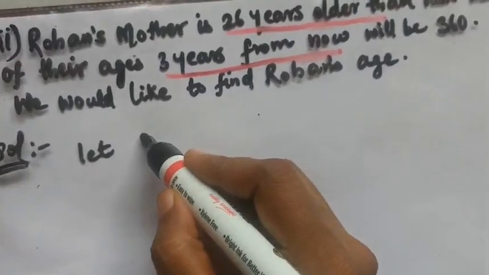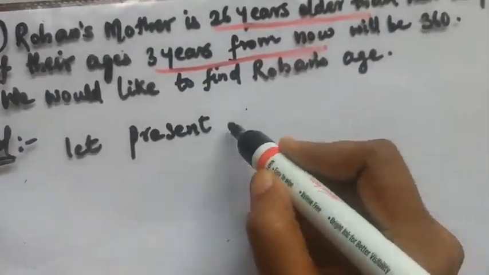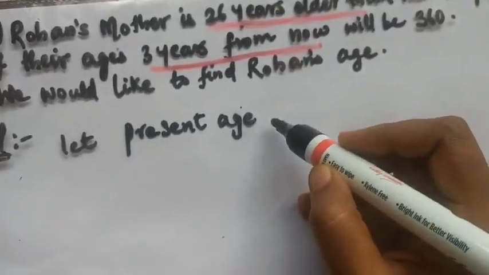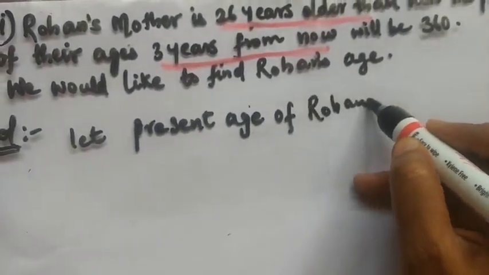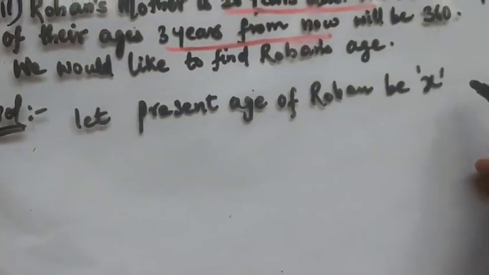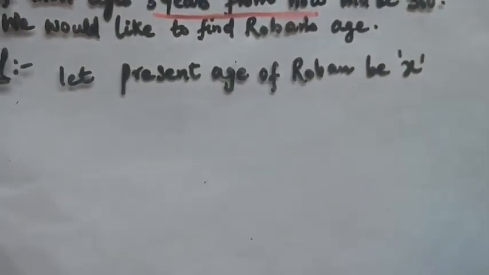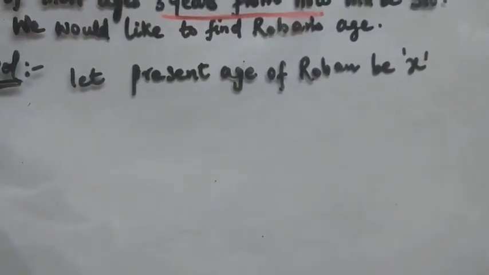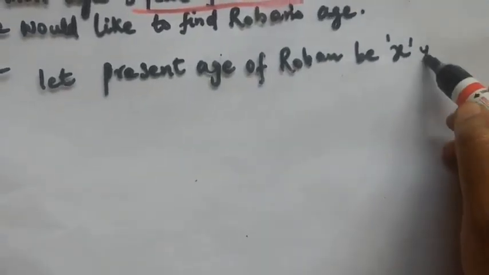Let present age of Rohan be X. And as you all know, age is measured in years, so we are writing here. It is also measured in days also, but in the question he has given it is in years, so we have to write years only.